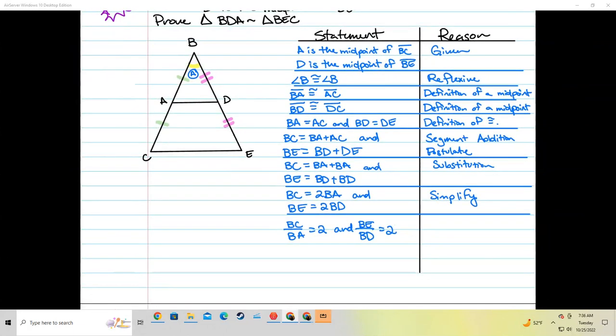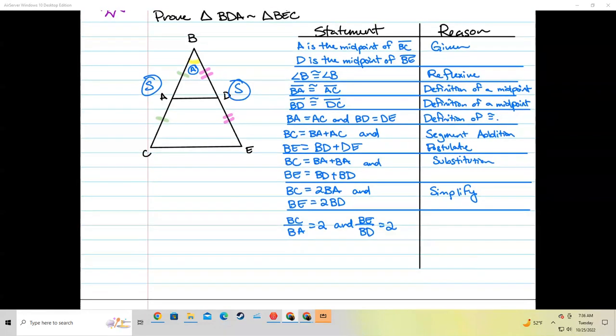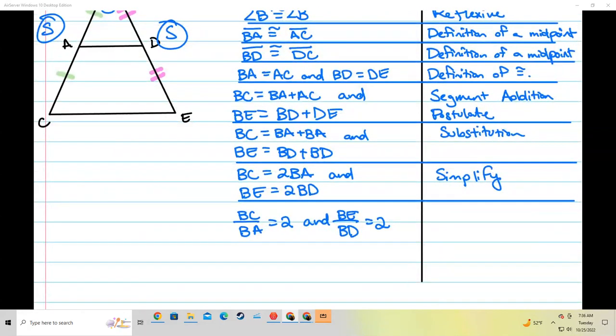That means when I take my big piece and divide it by my smaller piece, I get 2, which means I get a side over here and a side over here, which means I'm going to be able to say those triangles are similar because of side angle side. Before I do that, though, remember that this one was division property of equality.